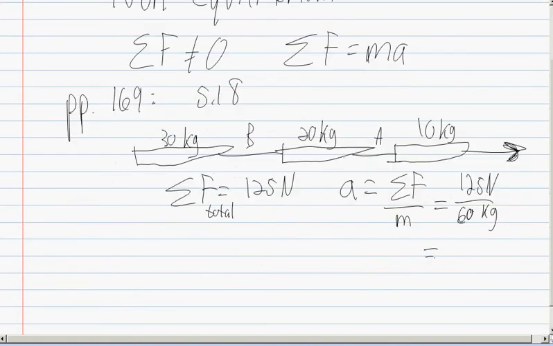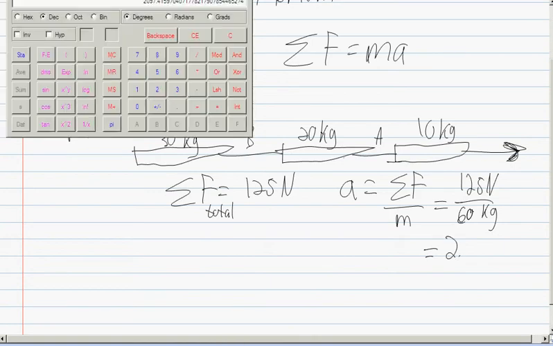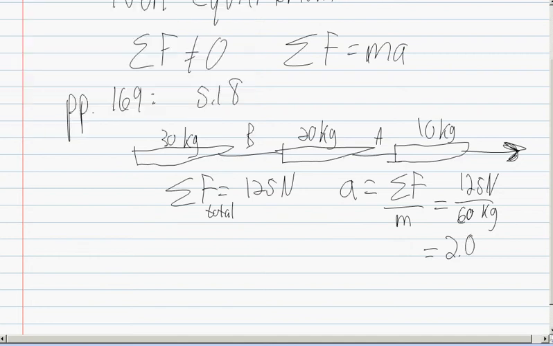So 125 divided by 60. It's got to be 2 point something, but let's make sure. 125 divided by 60, so okay, 2.08 meters per second squared. And we're going to need that for all of the other tensions. And it kind of makes sense.